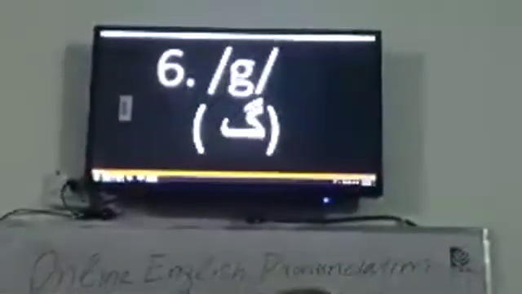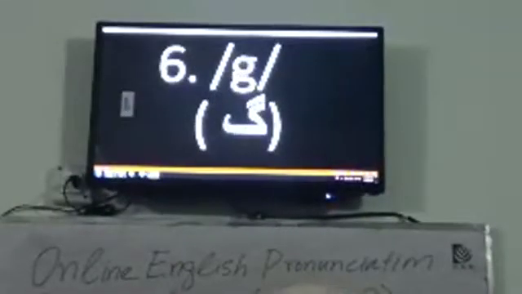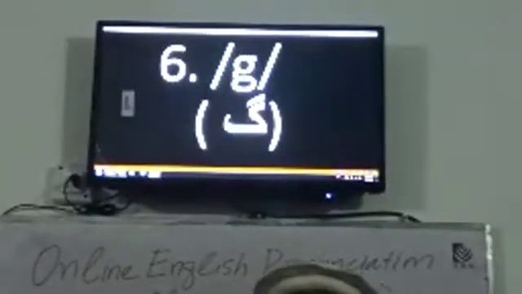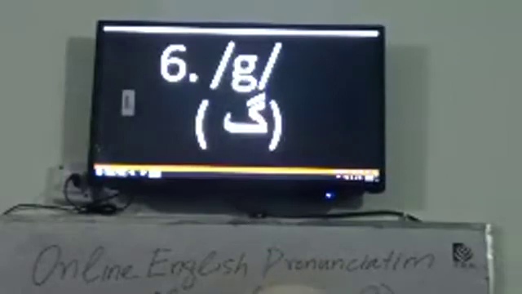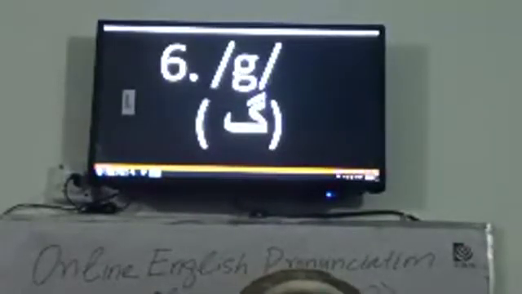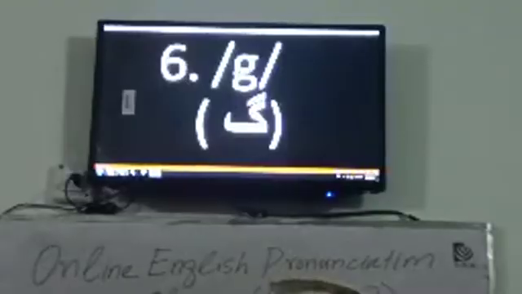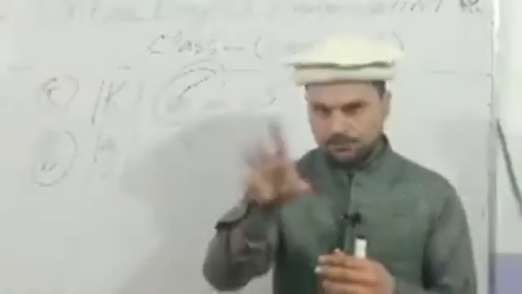Small g is the symbol, and g is, in Urdu and Pashto, we say gap. It is pronounced at the end of the mouth. From the soft palate, the tongue goes back at the end of the mouth, and it is pronounced from there, g. So small g is the symbol, and this is the sound.